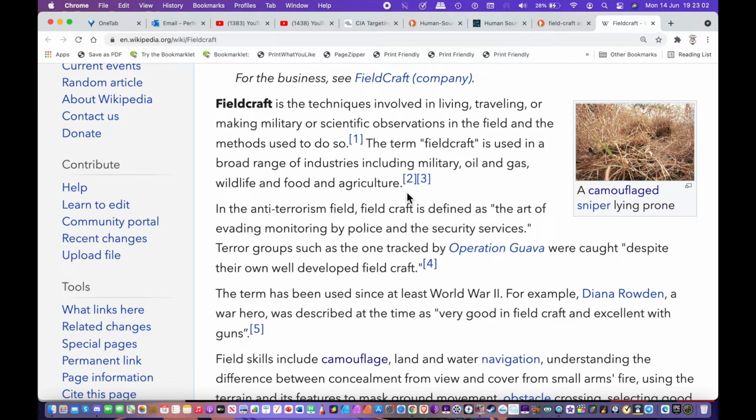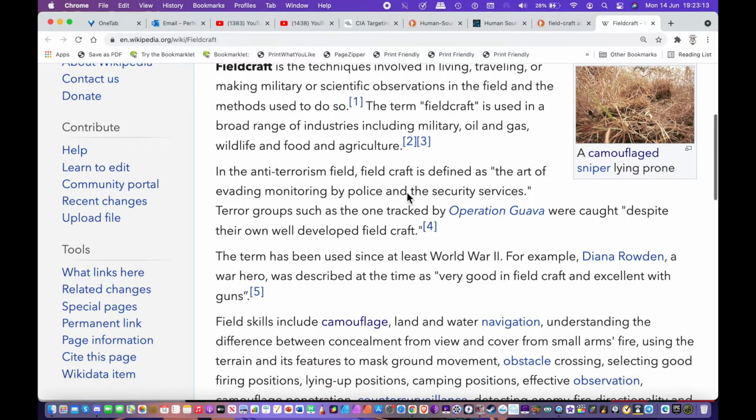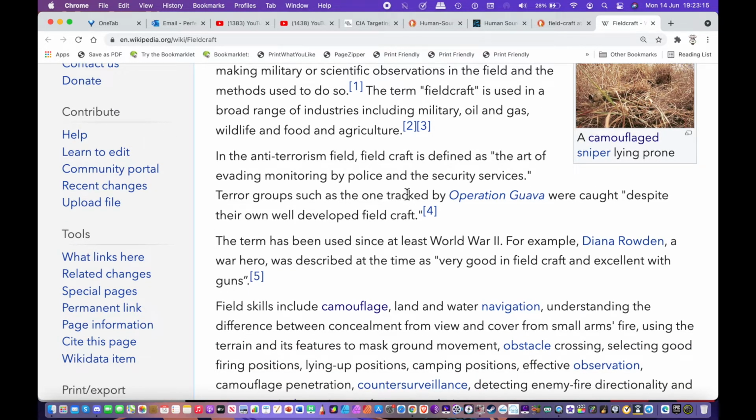The term is used in a broad range of industries including military, oil and gas, wildlife and food and agriculture. In the anti-terrorism field, fieldcraft is defined as the art of evading monitoring by police and the security services.